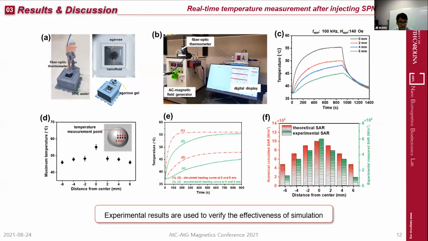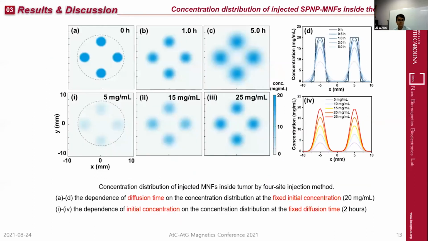So after verifying and evaluating our proposed model, we investigated the influence of diffusion time and initial concentration on the temperature distribution to explore which parameter is more important in magnetic hyperthermia.